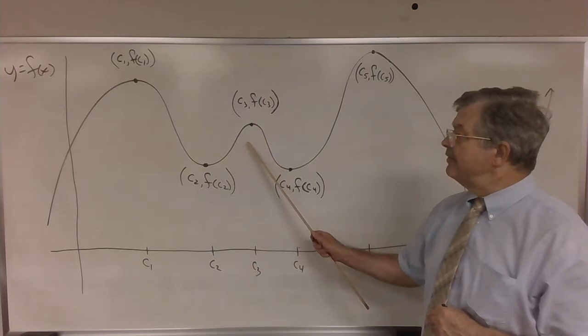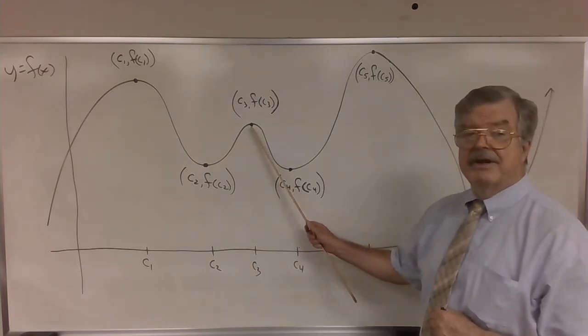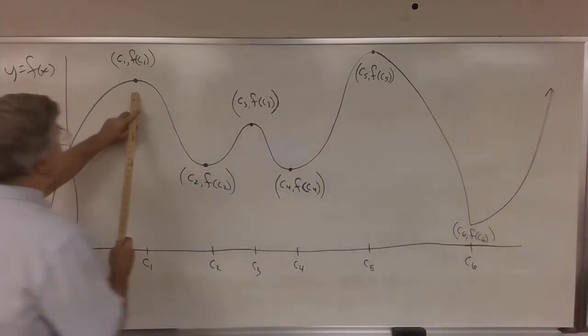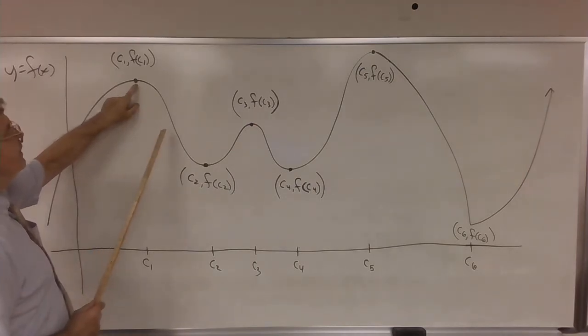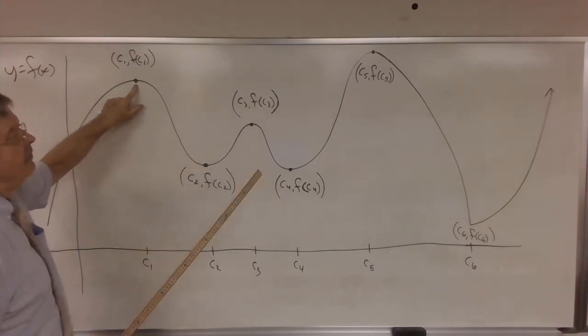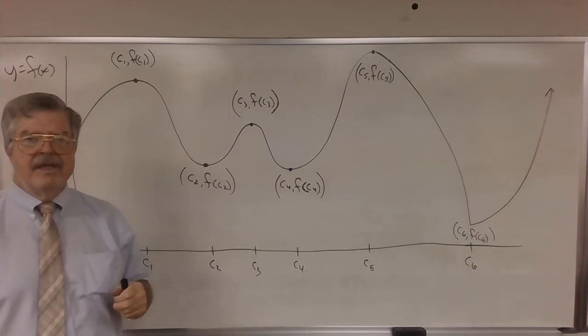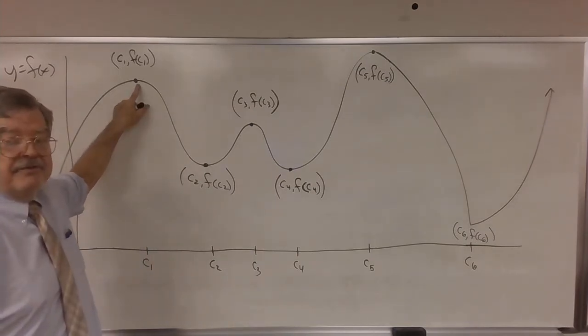Relative to all of the other points close by, this is the highest point on the graph. Similarly, relative to all of the points close by to this point, this is the highest point on the graph. That's why we have the expression relative maximum. It's a maximum relative to all of the other points that are close by.